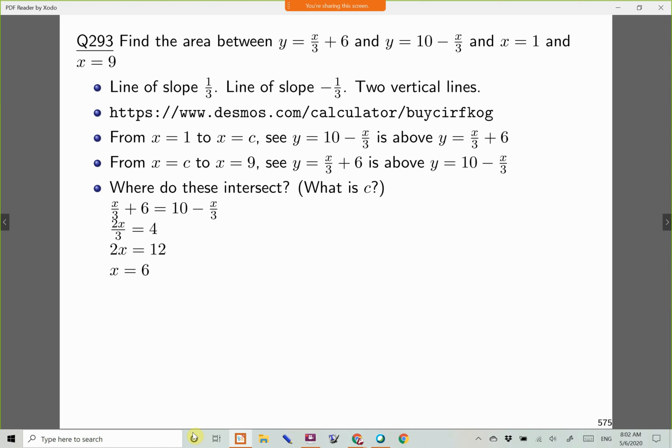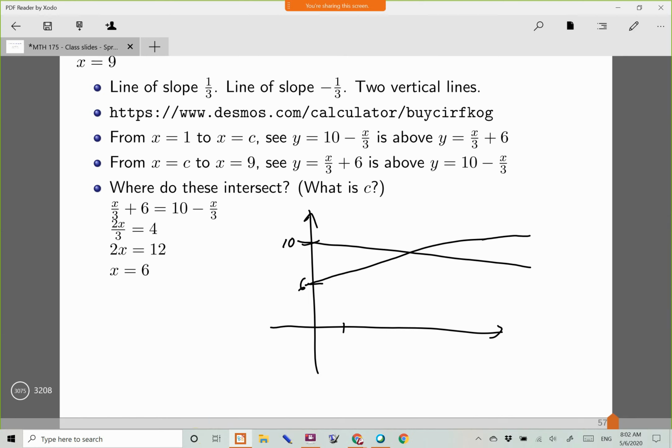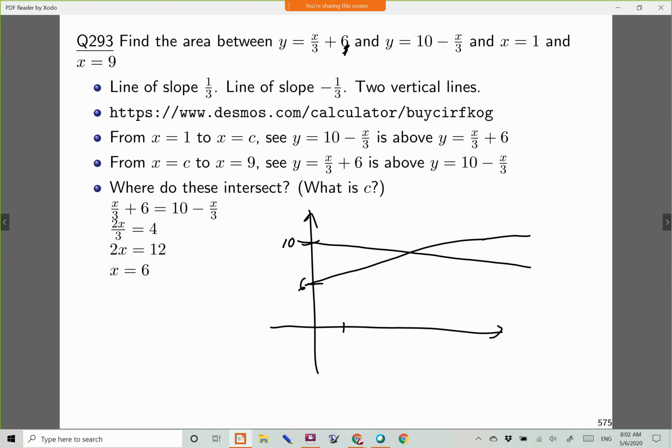So like in the picture, it actually makes more sense to say, okay, one line had a y-intercept of 6, right up here. This 6 is coincidental, it's not x equals 6. The other line had a y-intercept of 10, a positive slope line and a negative slope line, something like that so far. I wouldn't even draw in where the x values start first.